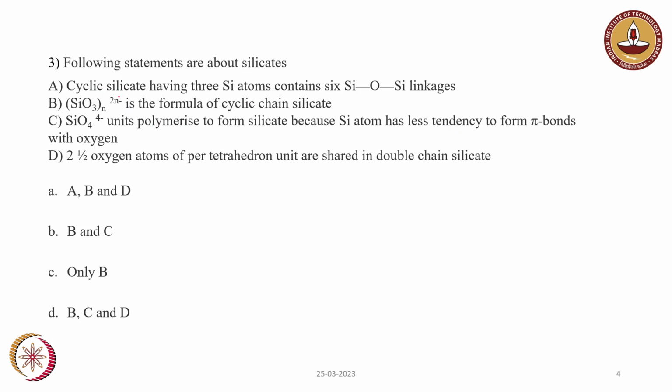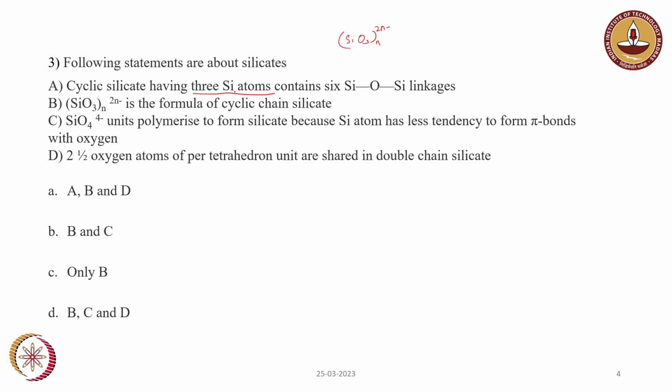So, cyclic silicate having 3 Si atoms containing 6 Si-O-Si linkages. For cyclic silicate, the formula is (SiO3)n with 2n minus.